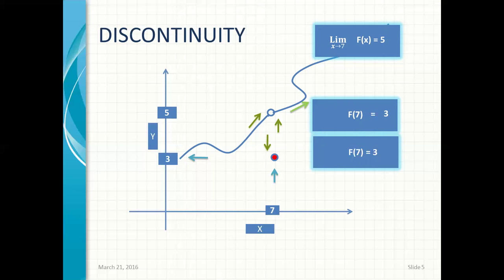So in other words, I can say that limit x tends to 7 f(x) equals 5, and f(7) equals 3, and these two are not equal.